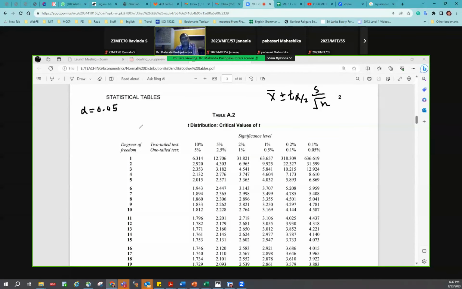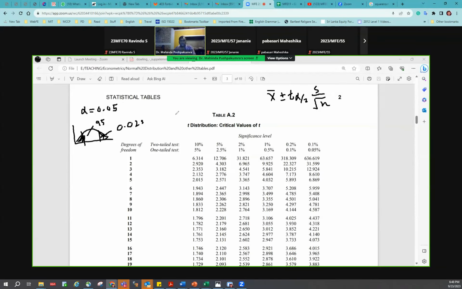In the table, the middle is 95% and these two tail areas are 5%, so each tail is 0.025.